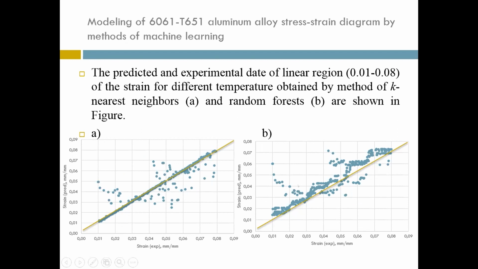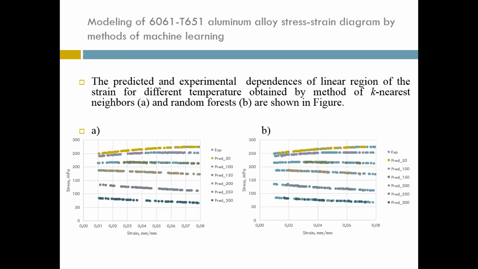In this case, it is worth noting that the points are quite close to the bisector of the first coordinate angle, which reveals good agreement between experimental and predicted results. Here you can see the predicted and experimental dependence of the linear region of the strain for different temperatures obtained by the methods of K-nearest neighbors and random forest.